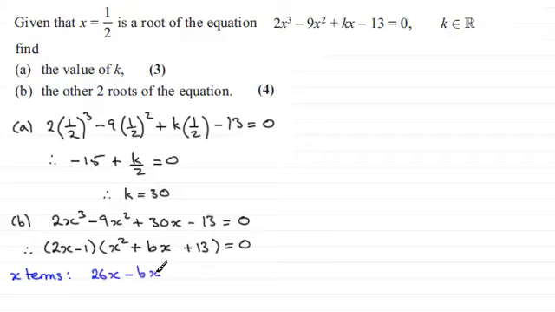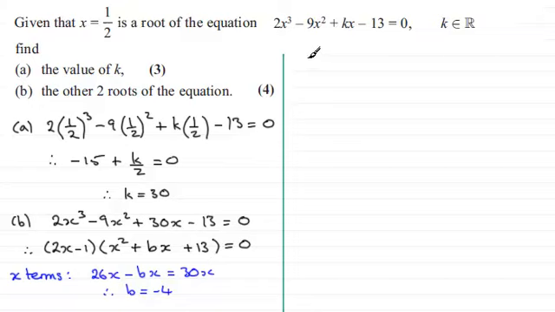And that's the only x terms we're going to have, and that's got to equal then 30x. So clearly from this, b must be equal to minus 4. So try it with the x squared terms, comparing those, and you should find then that you get b to be minus 4.